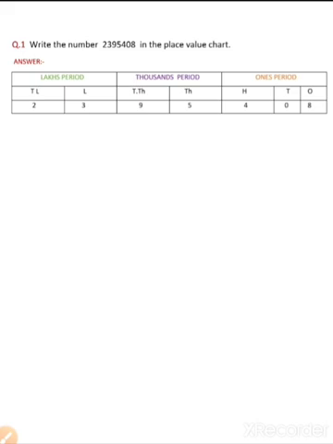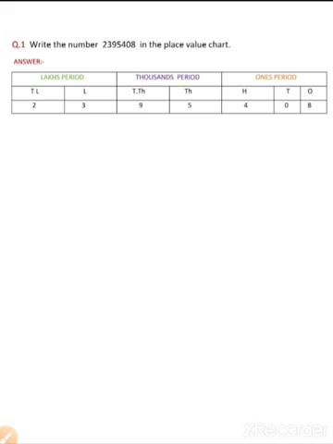Lakhs period is divided into two columns: lakhs and 10 lakhs. Now we have to fill the digits in this place value chart of Indian system. So remember, we have to fill the digits from the right side to the left side.